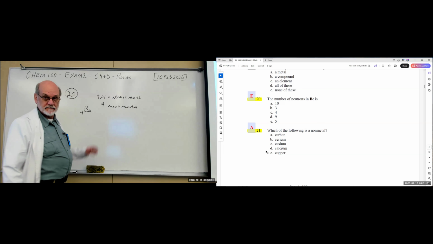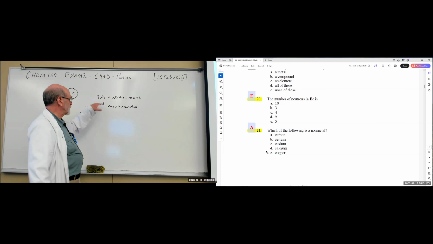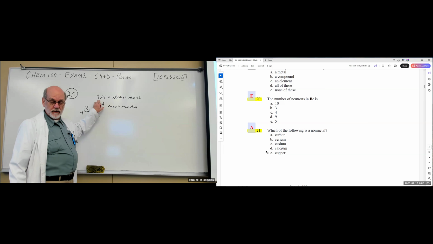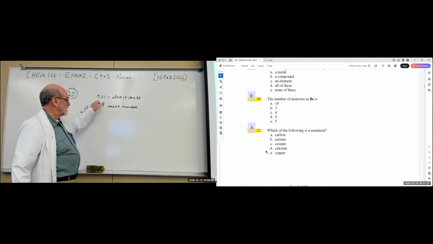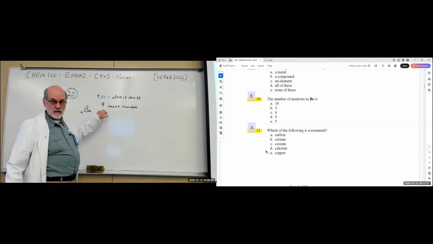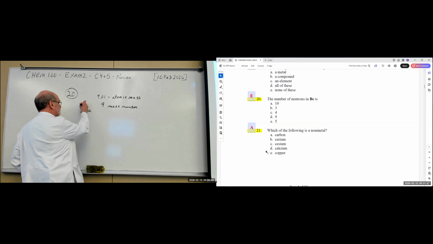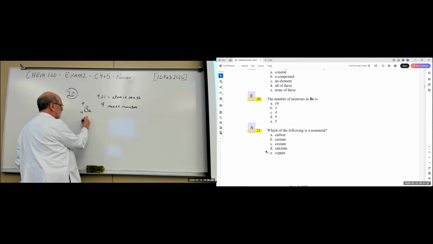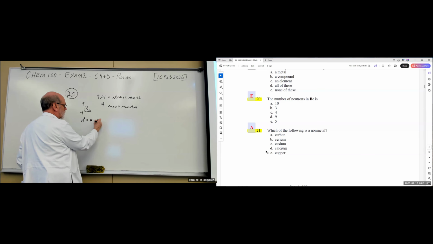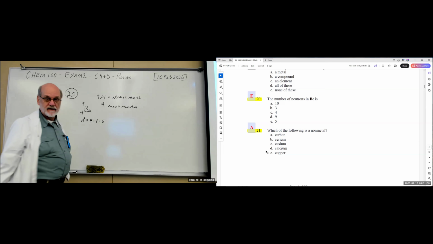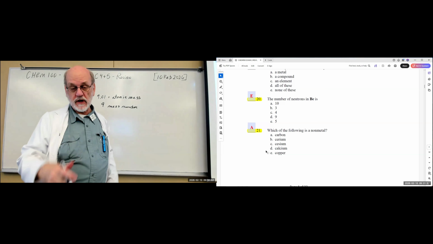How do we know that? Because the averages put us very close to 9. The other isotopes don't drag the average away from 9 very far. So this is the most common isotope, 9, which means the number of neutrons equals 9 minus 4 equals 5. That's how you find the answer to this question.